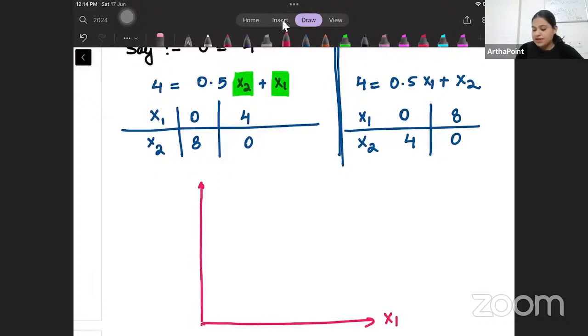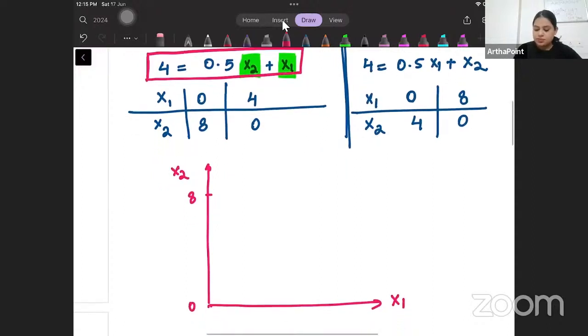So look here, this is x1, this is x2. This line has the intercepts when x1 is 0, x2 is 8 now. So 8 here or 4 here. This is the line. Let me just draw it like this.